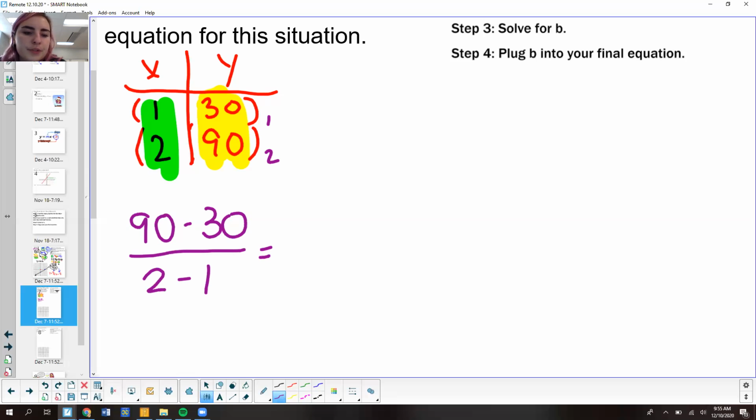So go ahead and put in the chat what you think our slope is going to be.